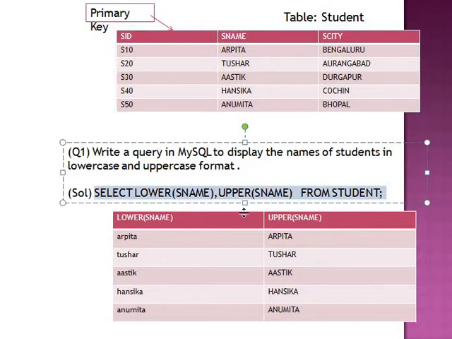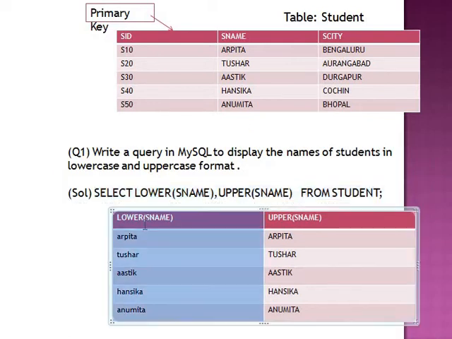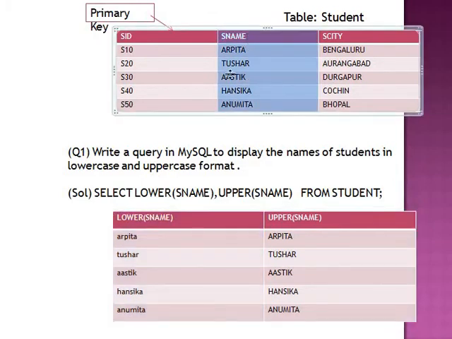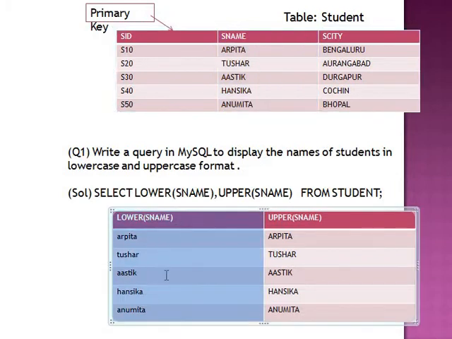Now see, if I put this command, that is select lower of SNAME, upper of SNAME from the table student, then lower of SNAME is going to display all its entries in small letter format. So when I apply the lower function on the column SNAME, all the entries which were initially in capital letter format have been converted into lowercase or small letter format like this.